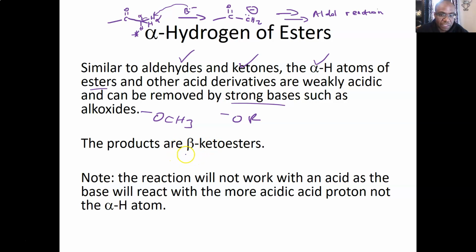The products are beta ketoesters. Instead of aldol products, we get ketoesters. This reaction will not work with an acid, as the base will react with the more acidic proton of the acid rather than the alpha hydrogen. So you always need strong bases. You must use a strong base, not an acid.